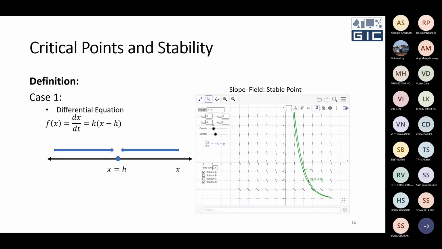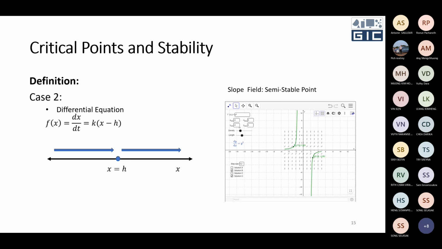So we have two cases. One increases to reach the stable point, one decreases to the stable point. But both of them produce the phase diagram with this kind of diagram. So it means that the point we produce is stable. It's not unstable. It's stable.